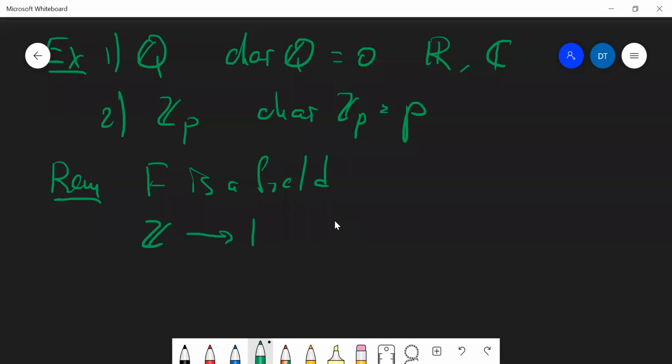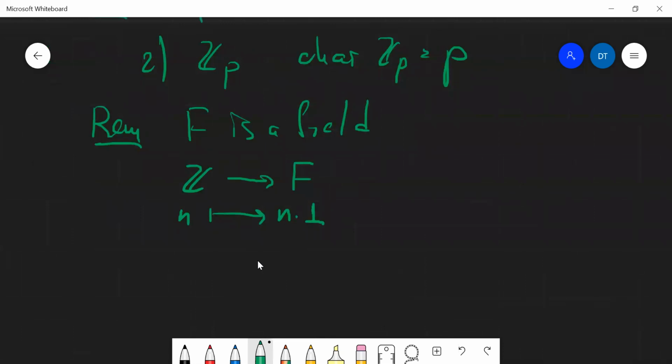Then we have a unique homomorphism from Z to F. There is only one homomorphism from Z to any ring, which takes n to n times 1. Here we use the notation above. So this is the only possible homomorphism of rings from the ring Z of integer numbers to any other ring. In particular, we can produce a homomorphism from Z to our field.